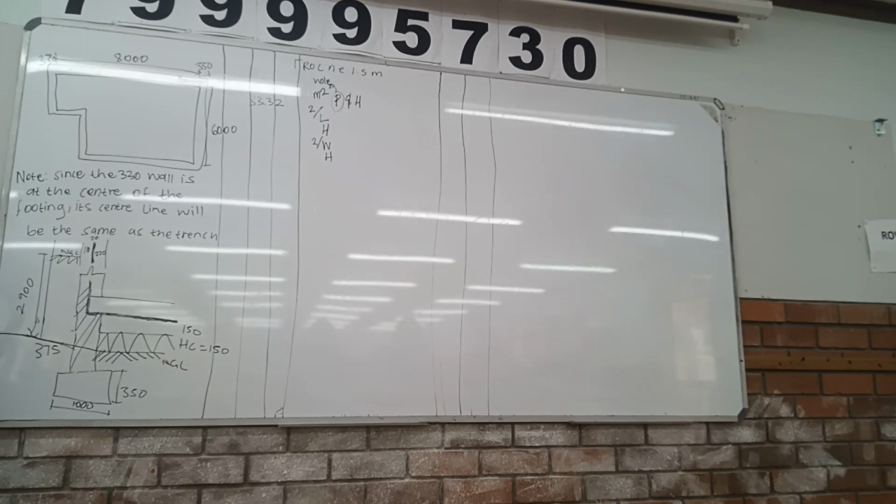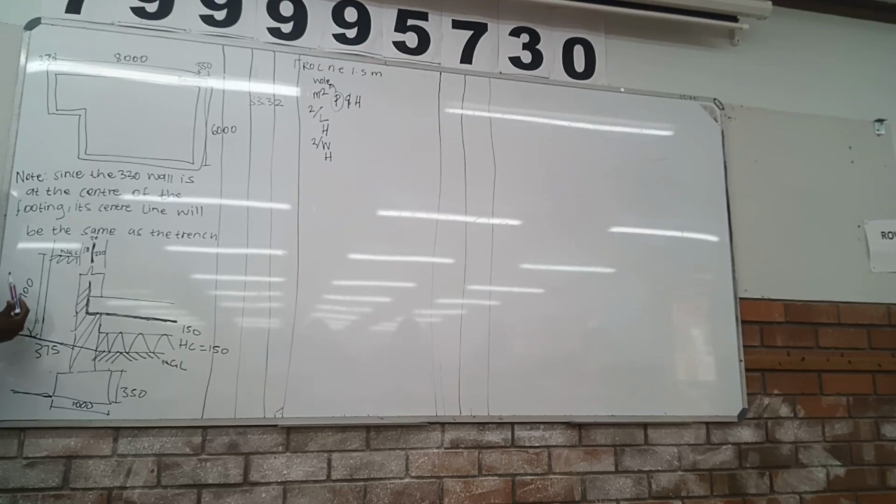But when we calculate the risk of collapse for the basement hole, we need to calculate external starting from here. Starting from where the trench starts. Here the trench starts from where the concrete footing starts. So that is where the risk of collapse for the basement hole starts right here. So now it's going to be 2.9 plus this 350 plus 375. That's how you get the risk of collapse for the basement hole.